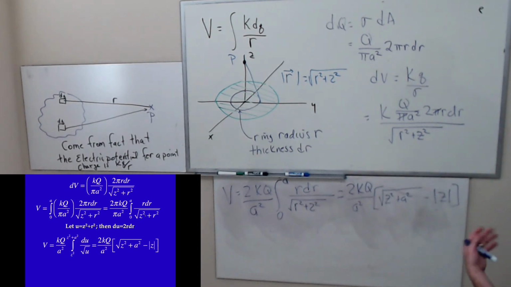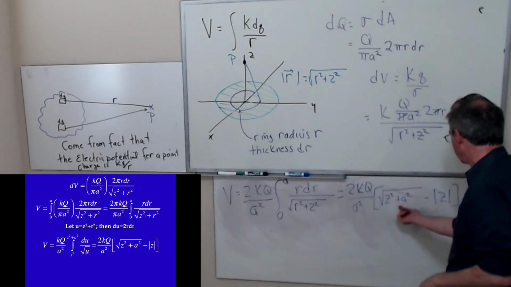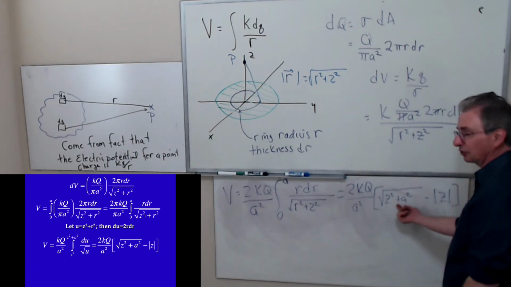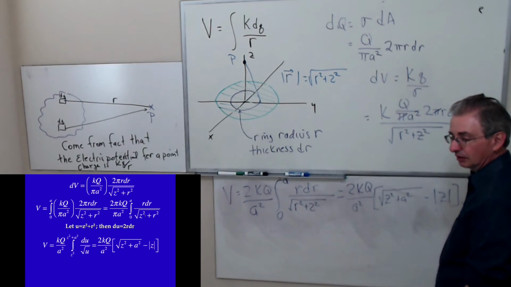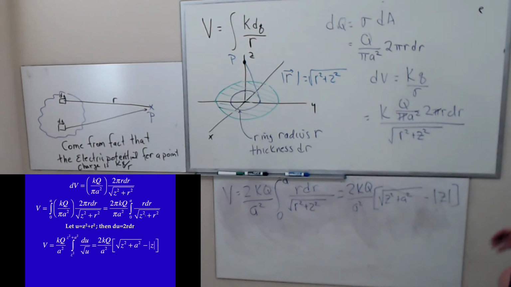You can ask questions about what the potential is really close, but then you have to use approximation methods. So you have to factor out one of the two depending on which one's bigger. When you're close or really far away, then you find the binomial expansion.